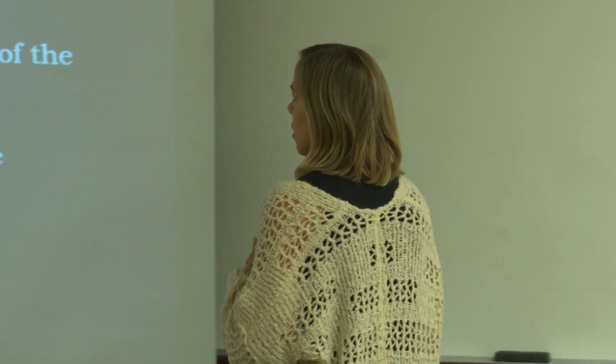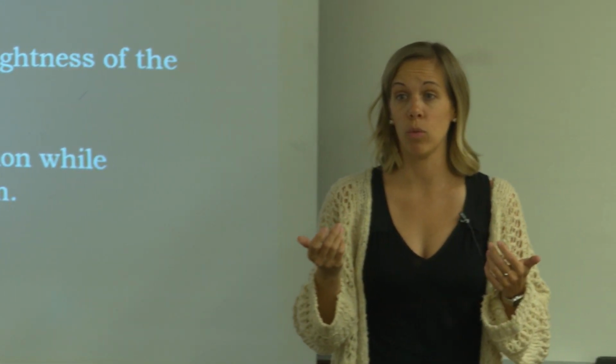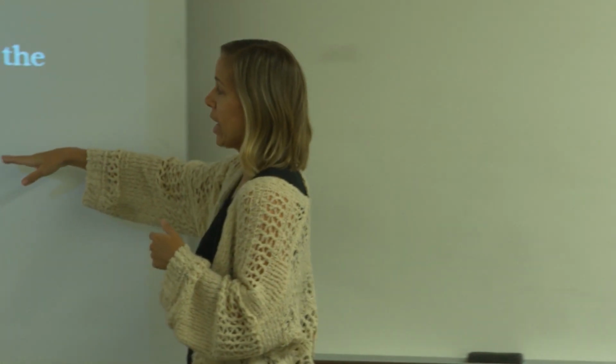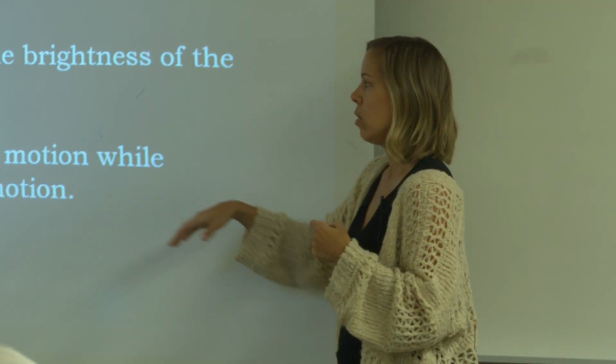I'm still going to get some motion blur. So a lot of times my shutter speed might be way up to like 1/1000, so 1/1000th of a second, so I can freeze that action. So a fast shutter speed will freeze the motion, and we'll look at some examples of that, while a slow shutter speed will blur the motion.